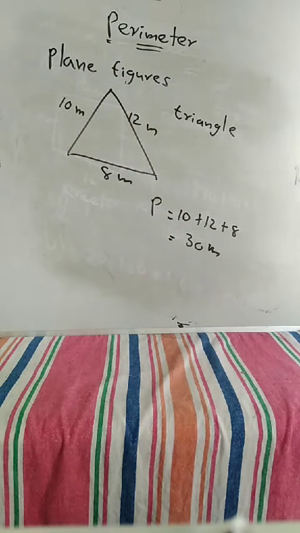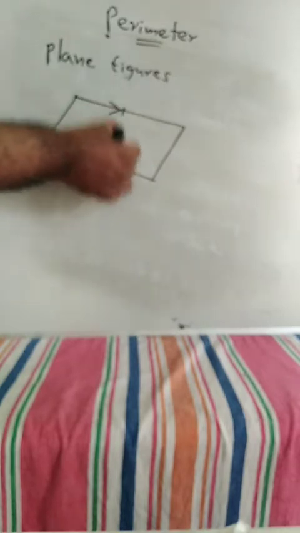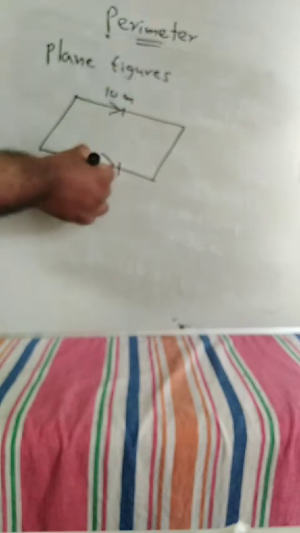Then another plane figure. What is this? This plane figure is a parallelogram. In a parallelogram, opposite sides are parallel and equal. If this is 10 centimeters, this is also 10 centimeters.